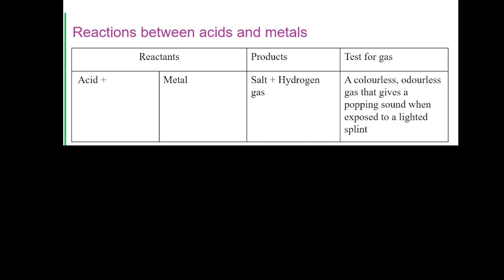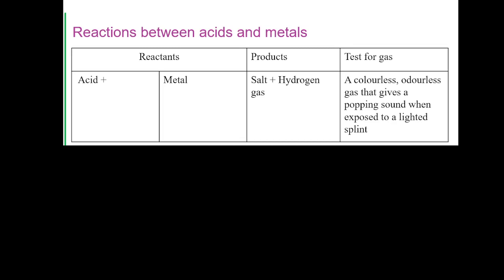And what we need you to know would be the color of the gas, the odor of the gas, and what allows us to positively identify the gas being formed as hydrogen gas. If it is hydrogen gas, it will give a popping sound or a squeaky pop when a lighted splint is placed in the gas.